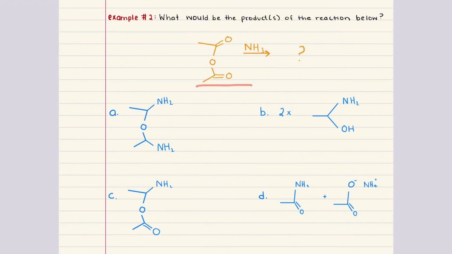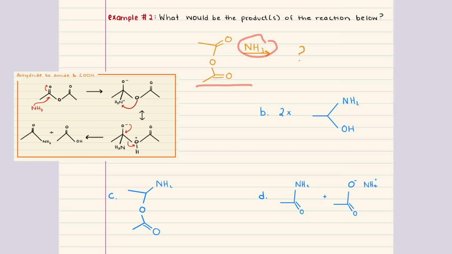Now, when you see an anhydride reacting with a nucleophile like ammonia, you should immediately think of a nucleophilic acyl substitution reaction. Ammonia is going to act as the nucleophile here, and it's going to attack the carbonyl carbon of one of the carbonyl groups in the anhydride.